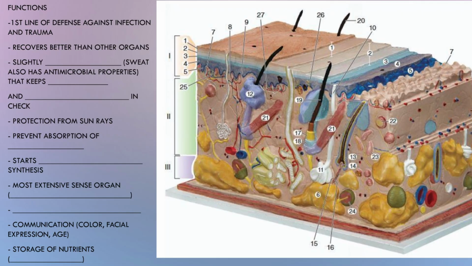Another function of your skin is protection from the sun rays. Your skin helps prevent ultraviolet radiation from damaging the tissues underneath. It also prevents absorption of water. Think about what would happen if your skin simply absorbed water every time you took a shower or went swimming. Fortunately, your skin has structures that help prevent that.